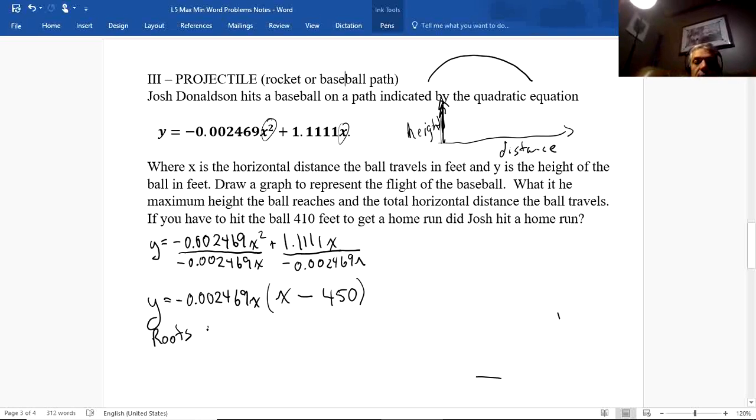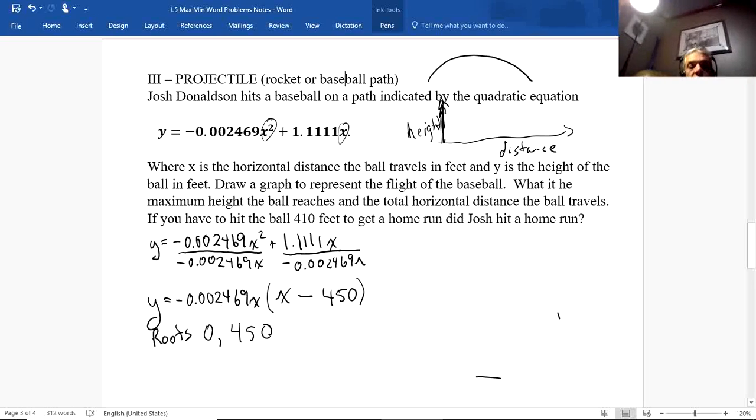And those are going to be 0 and guess what? 450. 0 times anything is going to give me 0. So 0 times this weird number is 0. And 0 times this number, minus 450, is going to give me 0. And so these are my roots.